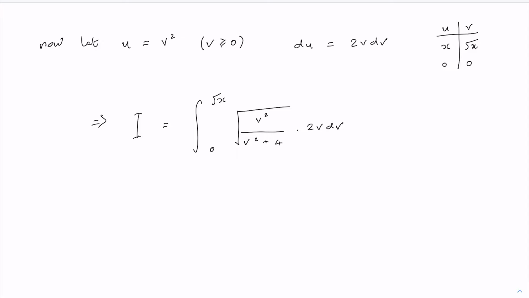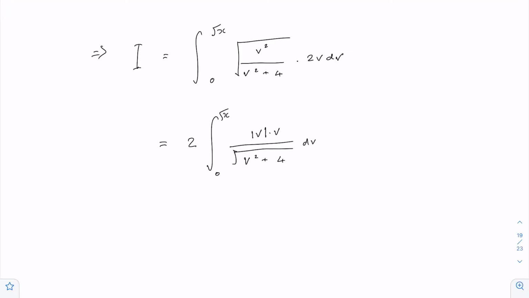So the integral looks like this after making the substitution. And there are a couple of things we can do here. We can take the constant factor outside the integral, and we can use the result that the square root of v squared is equal to the mod of v, which is the absolute value or the magnitude of v. And since we defined v as being positive, we're going to have that the mod of v is just equal to v.